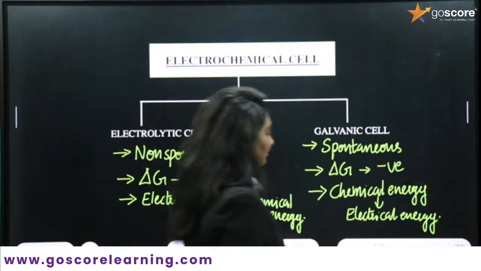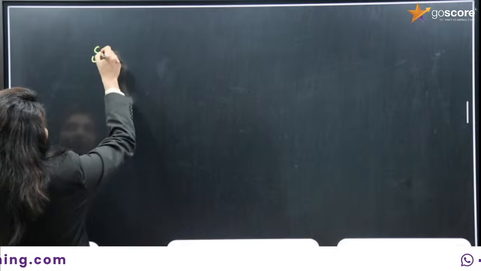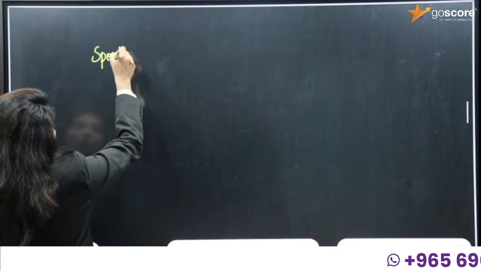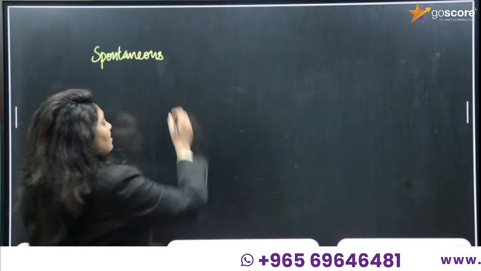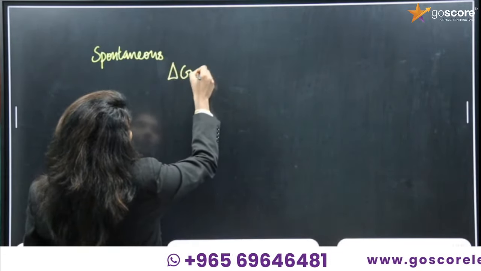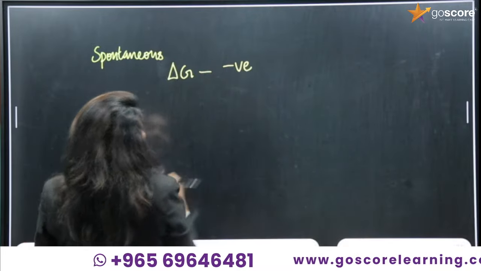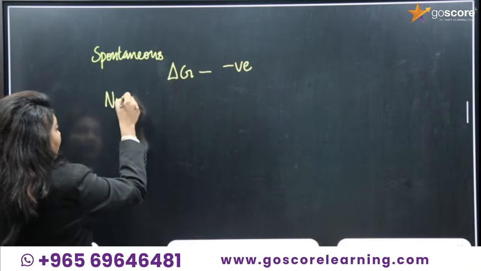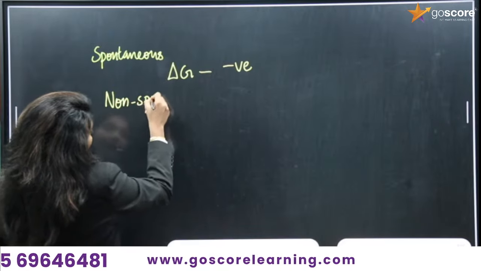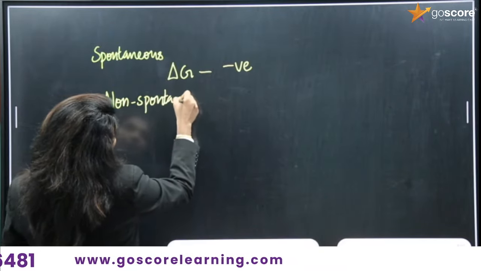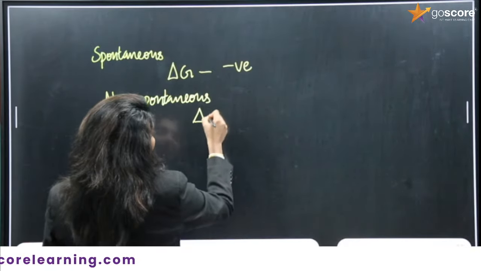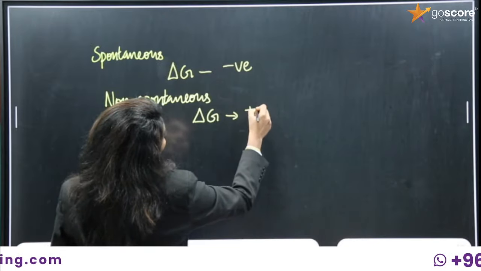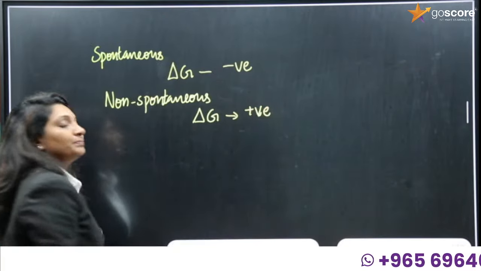One more very important thing: for all spontaneous reactions, the delta G value should be negative, and for all non-spontaneous reactions, the delta G value should be positive, right?